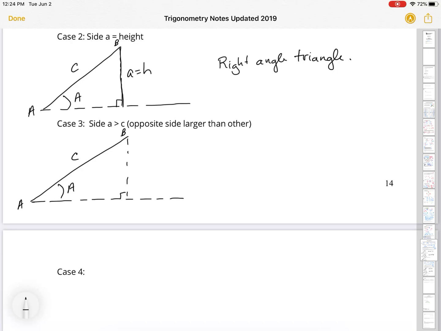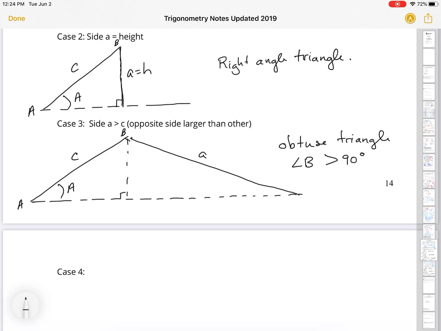If side A is greater than C, so it's longer than C, then we get an obtuse triangle because angle B is going to be obtuse.